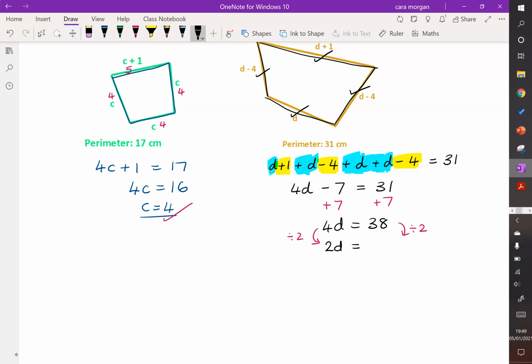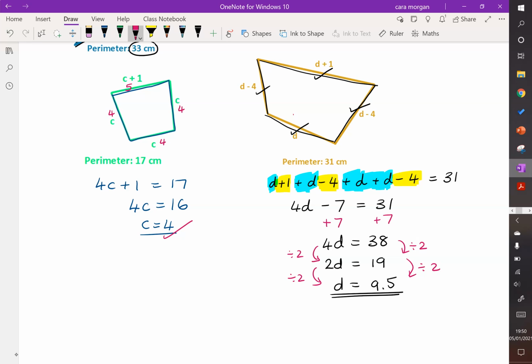So 2 D's are worth 19. And if I wanted to cut that in half, I just find it easier that way and get to the same answer. So half of 10 is 5, half of 9 is 4.5. I think that's 9.5. D would be 9.5. I guess I should check really.